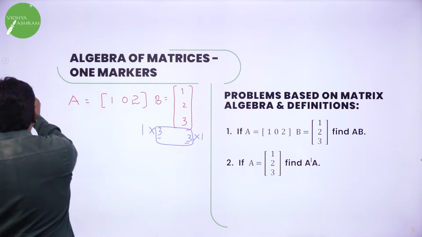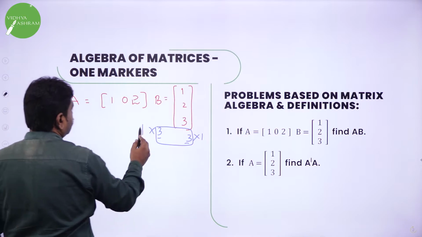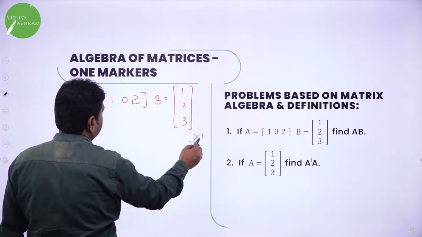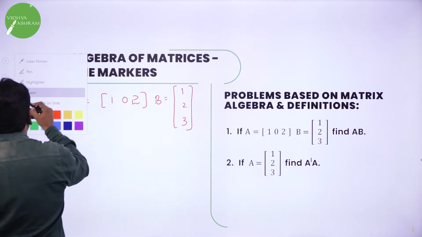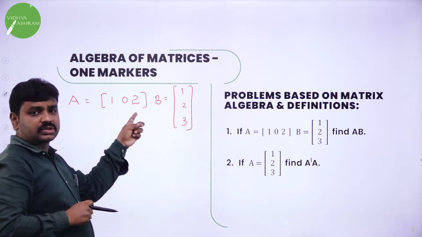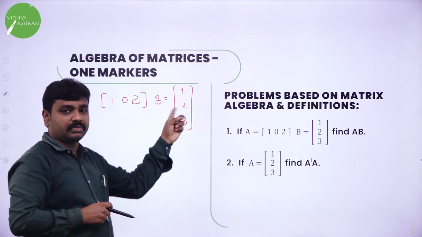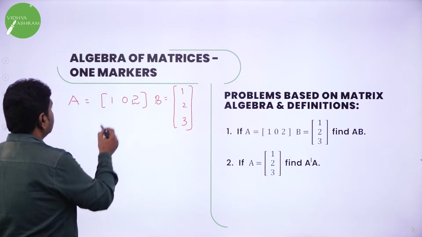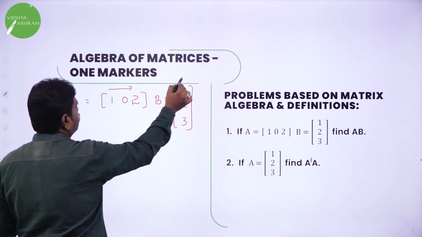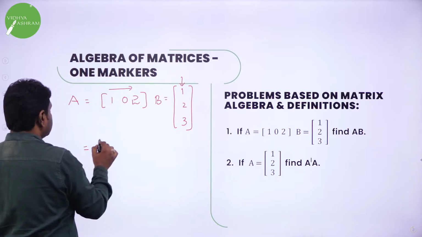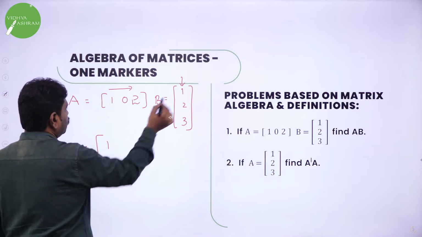So now we will find A into B. So first I verified whether we can multiply. Yes, we can multiply because number of columns of first is equal to number of rows of second. So now A into B. How to multiply first row with first column? Corresponding elements. 1 into 1.